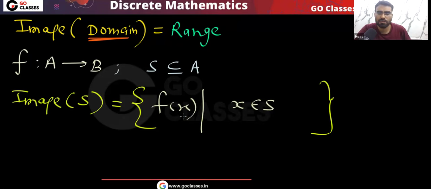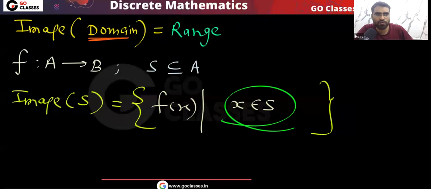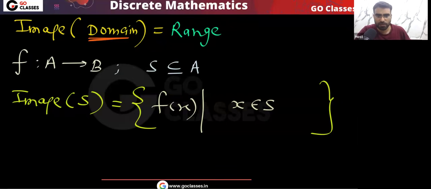Do you agree or not? For every element of S, just put f(x) in the image. For every element you find, that will be your image of S. So this is the definition of image of S. I hope you understood.